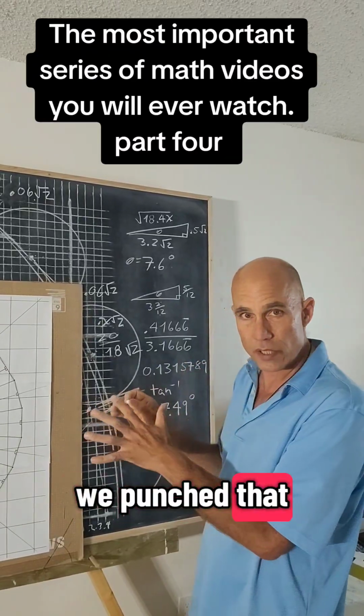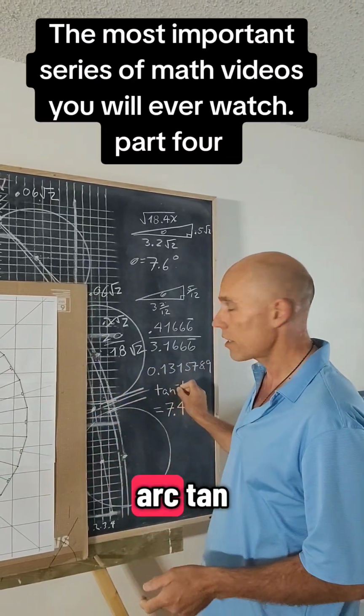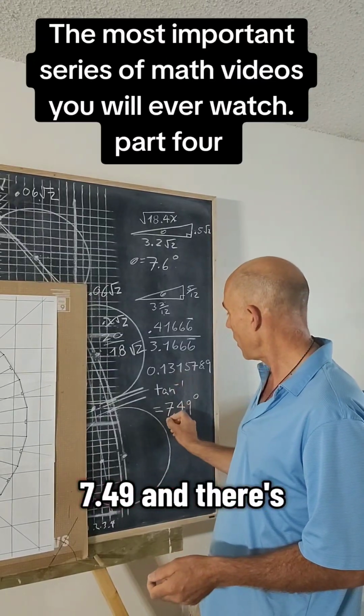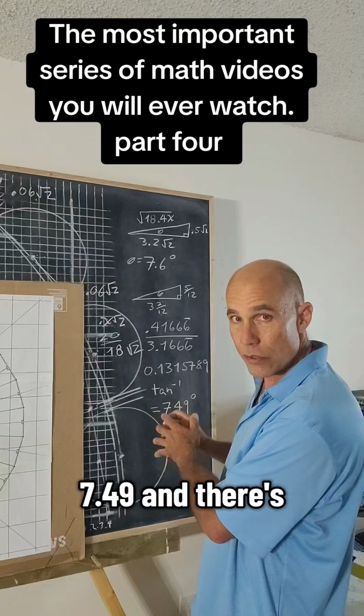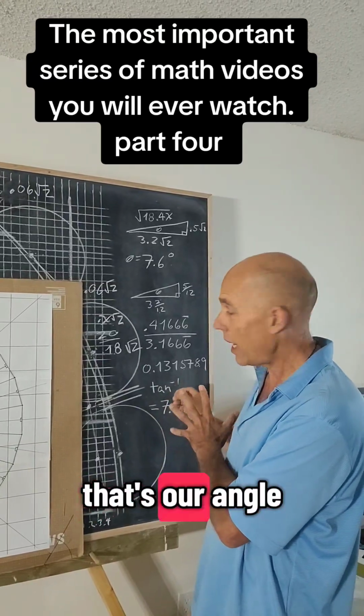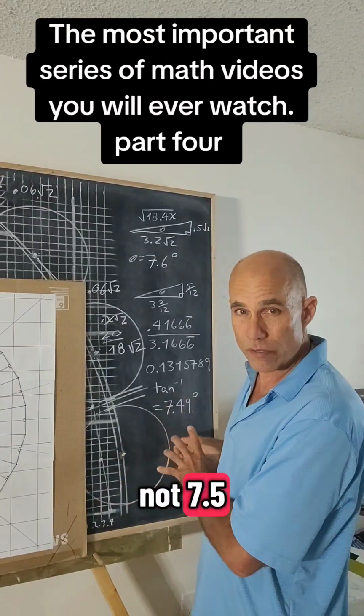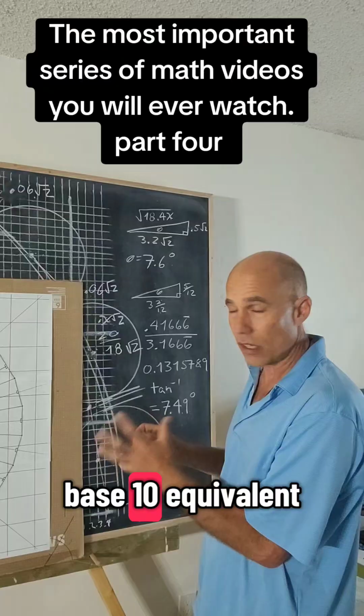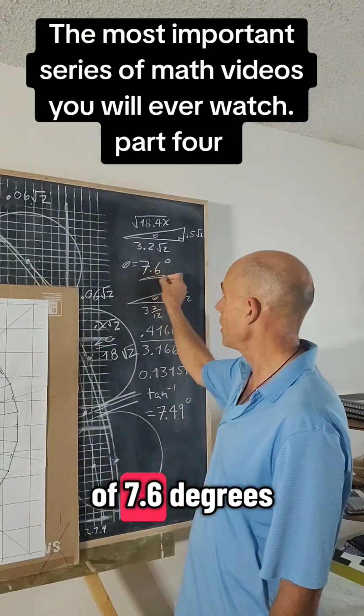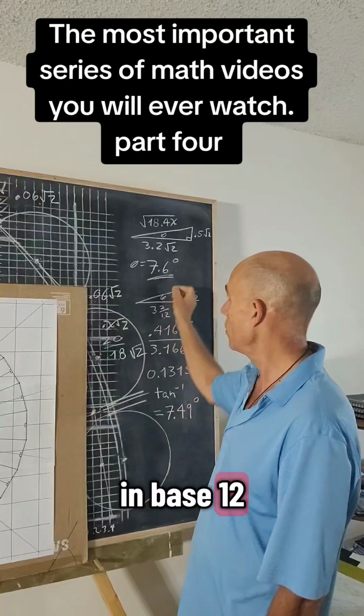So we punch that into the calculator, we hit arctan, and we get an answer of 7.49, and there's a whole bunch more digits. That's our angle. So 7.49 is not 7.5, which is the base 10 equivalent of 7.6 degrees in base 12.